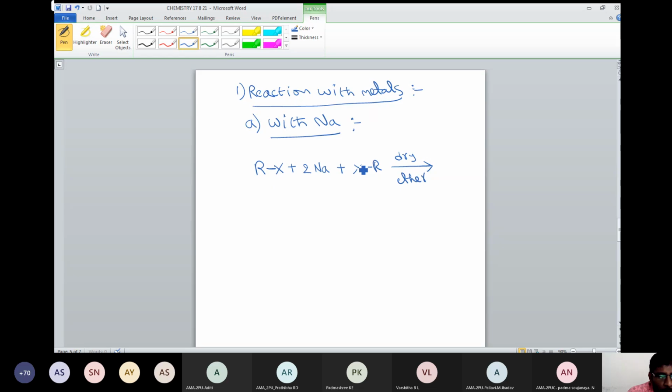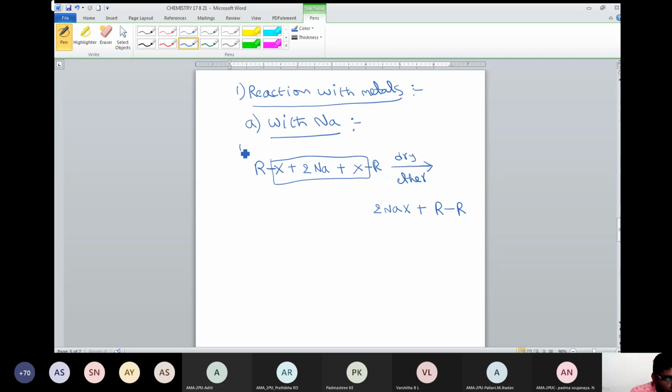So 2 moles of haloalkane combine with 2 sodium in the presence of dry ether. What will take place? 2NaX is removed, and what is remaining? Alkyl combines with alkyl. R means carbon, this is also carbon. This is nothing but hydrocarbon. We get alkanes.